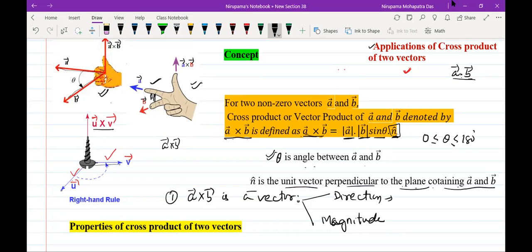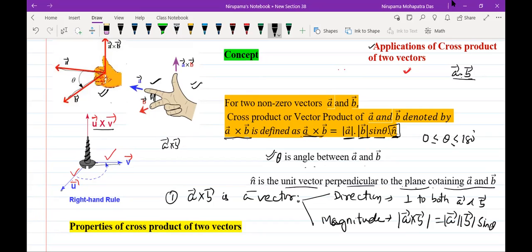So the direction of A cross B is perpendicular to both A and B. It is perpendicular to the plane containing A and B. And what about the magnitude? The magnitude of A cross B will be magnitude of A into magnitude of B into sine theta.